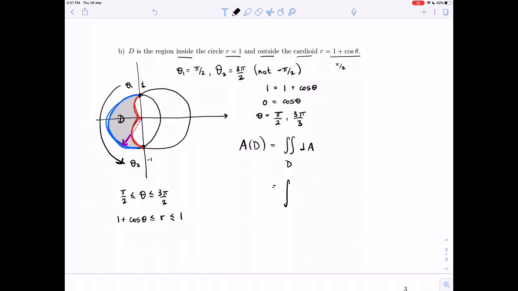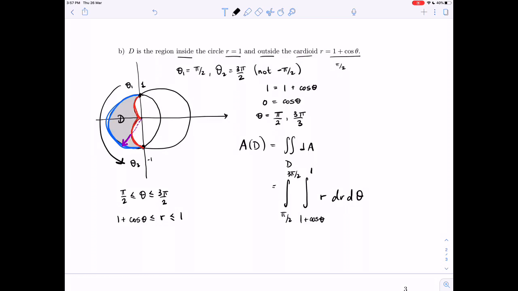So giving theta first, pi over 2 to 3 pi over 2, integral from 1 plus cos theta to 1, not to r, to 1 of dA, and dA is r dr d theta for polar integrals, and this is the final answer as well.